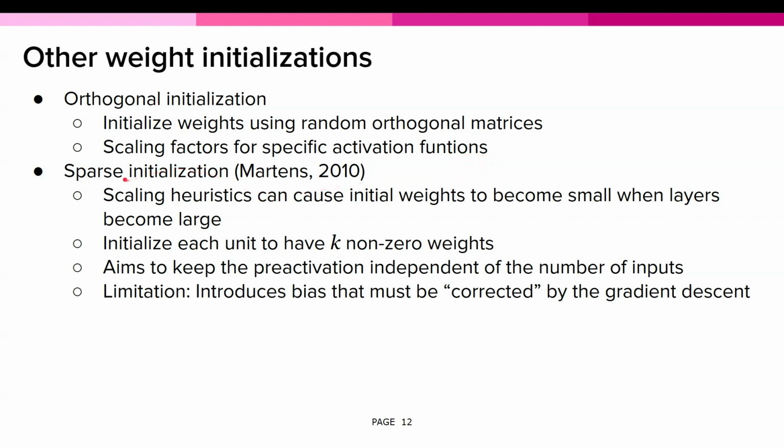Another alternative is sparse initialization. This avoids individual weights being initialized to very small values when the layers are very wide, by limiting each neuron to have only a few non-zero weights initially. This method keeps the overall input to each neuron consistent regardless of the number of total inputs.